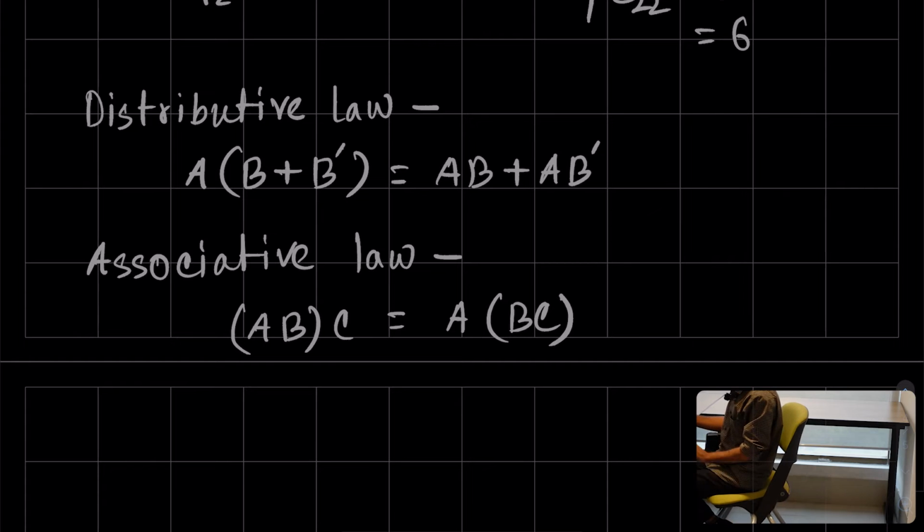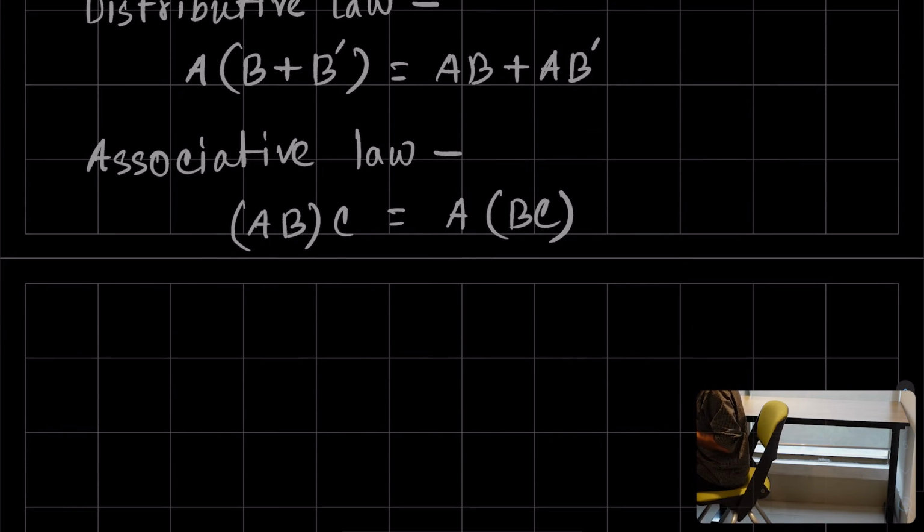What the associative law tells us is that if I multiply two matrices A and B, and then multiply the result with another matrix C, this will be equal to first multiplying the matrices B and C, and then multiplying with A. These two results will be the same. Okay, this is the associative law.